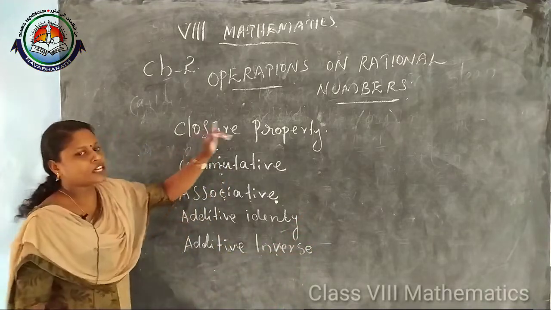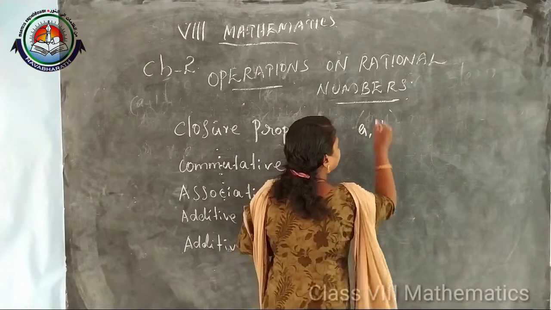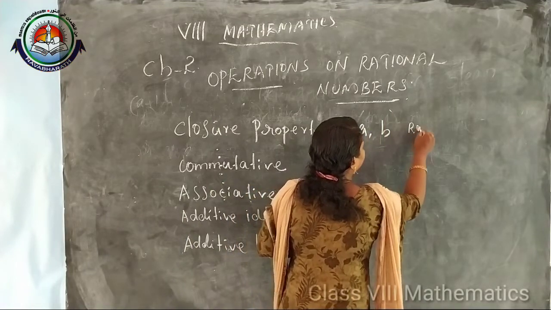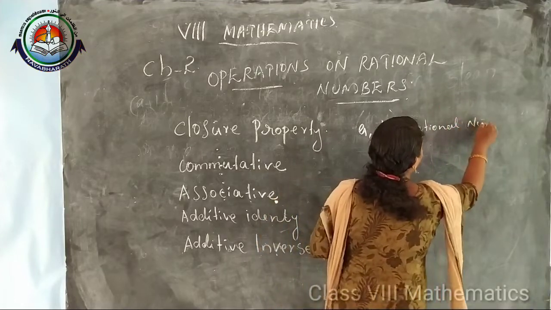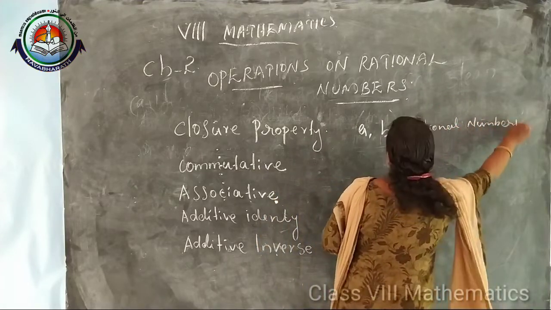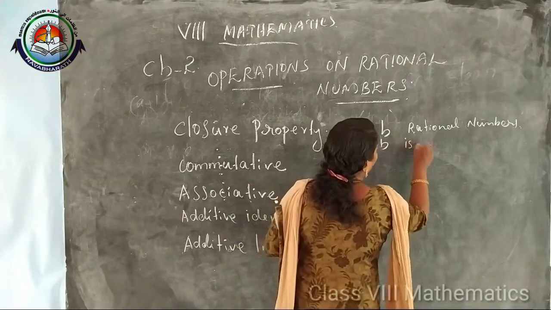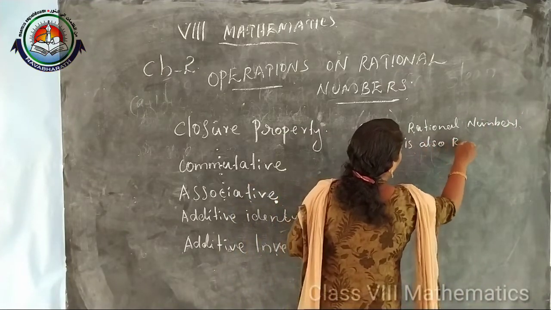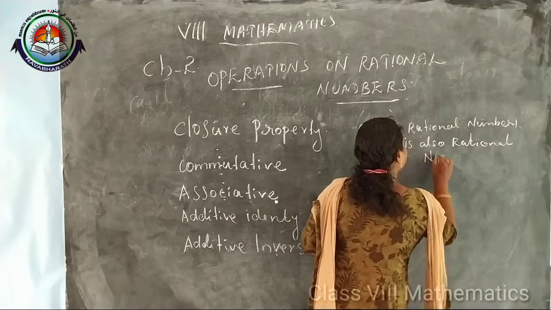Listen, closure property means if A and B are rational numbers, then A plus B is also a rational number.